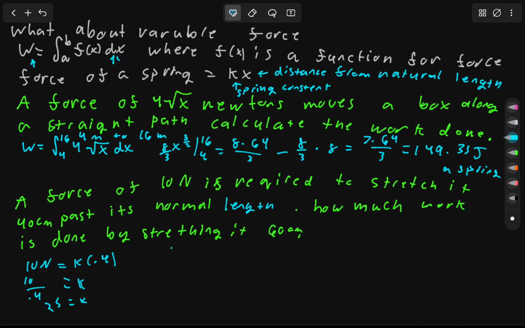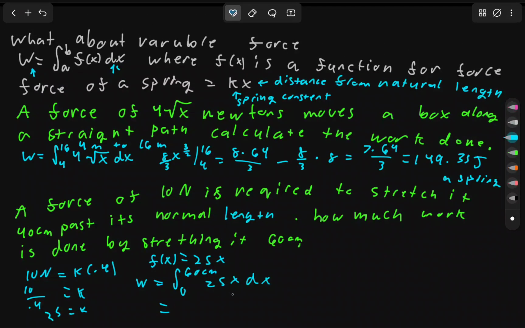we now just have to say, or we can now set up an equation for our force. So force of x is going to be equal to 25x. So work is going to be the integral, and we want to know what the work is at 60, from 0 to 60 centimeters, of 25x times the distance dx.